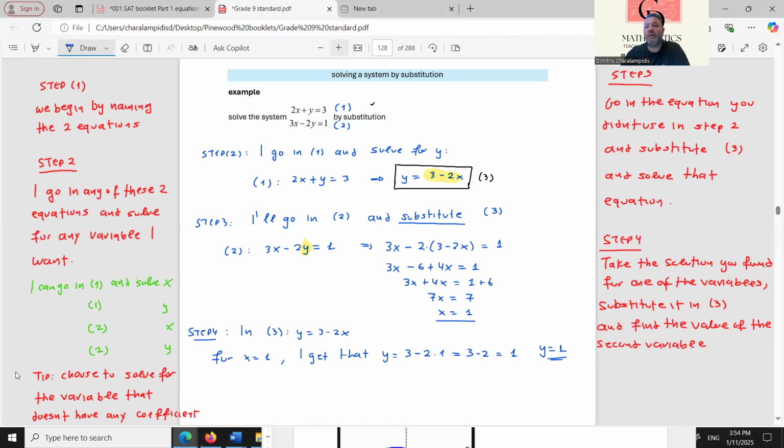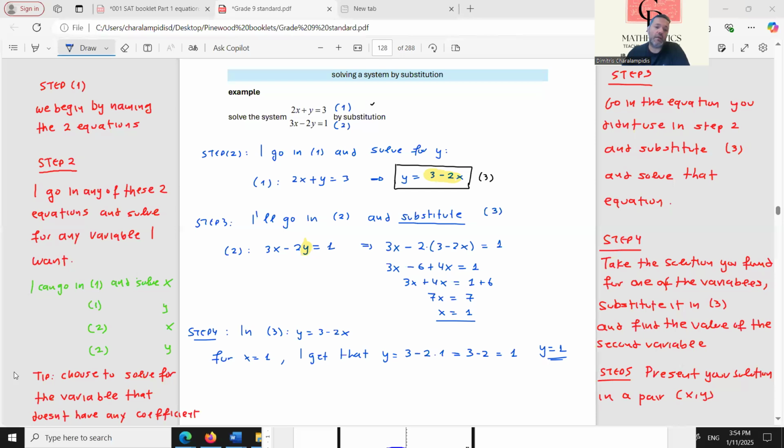Finally, in step 5, we need to properly present your solution in a pair x, y.